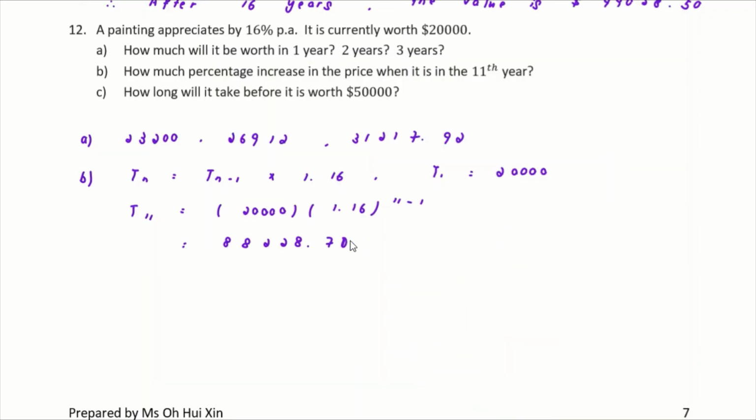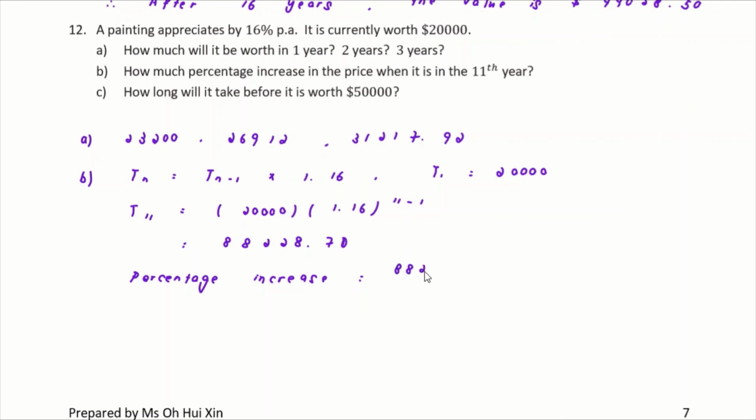Okay, so after you got this, we can try to find out the percentage of the increase. So percentage increase. We compare to the original value, right? So you're finding the increment, so you need to find out how much it increased first.